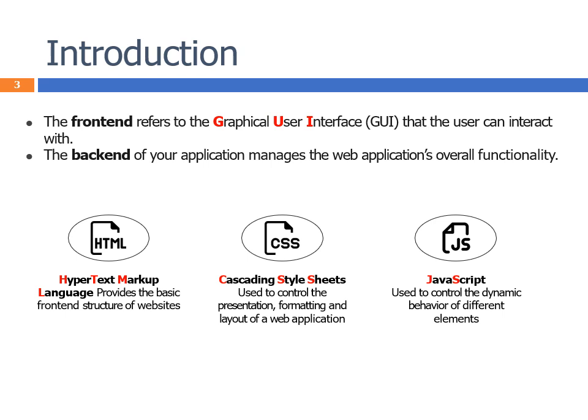Also, there is CSS, the cascading style sheets, which is used to control the presentation, formatting, and layout of web pages, and JavaScript, which is used to control the dynamic behavior of different elements. In this lecture, we are going to focus on hypertext markup language. Later in other courses, if you are a computer, electrical, or mechatronics engineer, you may take CSS or JavaScript.